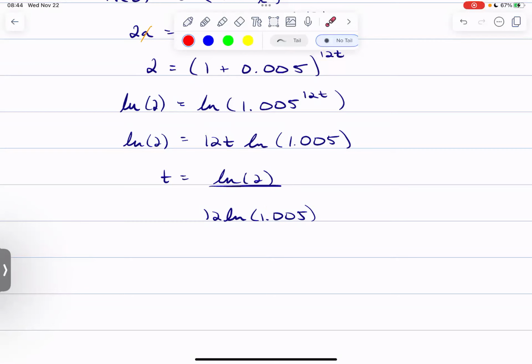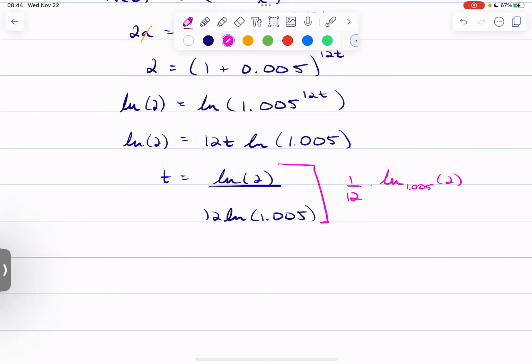This is the same as 1 over 12 times the log base 1.005 of 2, right? From the change of base formula.